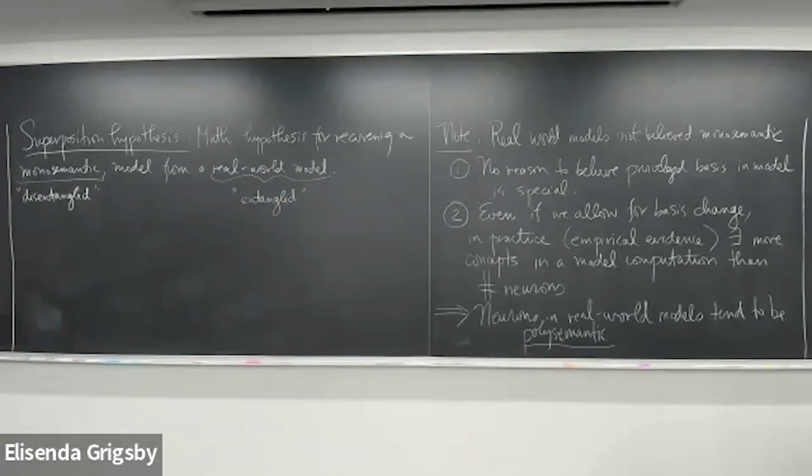The whole idea behind why you might want to have these nice basis vectors that correspond one-to-one, besides the fact that it's a nice picture, is that you really want concepts to be distinct from each other. The way that's implemented mathematically in a vector space is that concepts are orthogonal to each other.